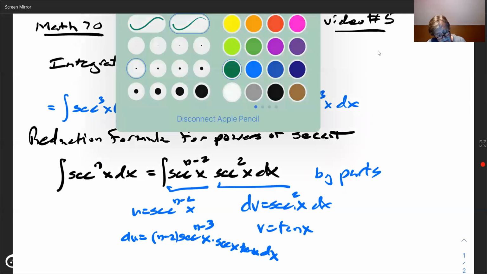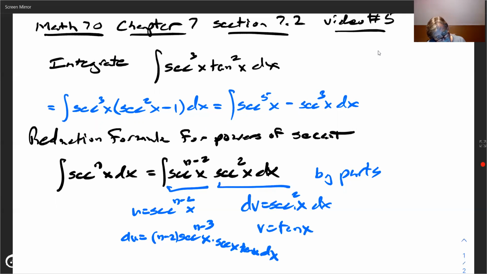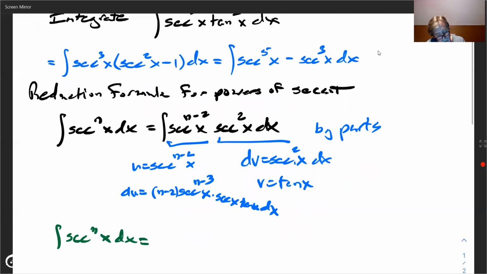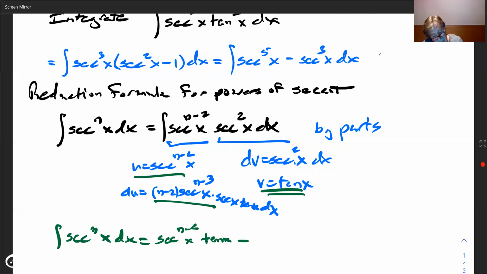So what we have is this integral, secant to the n x dx, changes into uv. So we have secant n minus 2 x times tangent, minus the integral of v du, all of that stuff. Look at that. So I've got an n minus 2, which is a number, and I'm going to pop it out. n minus 2 times the integral.